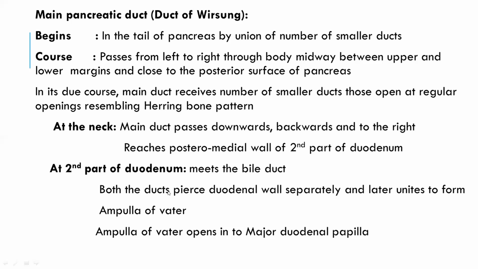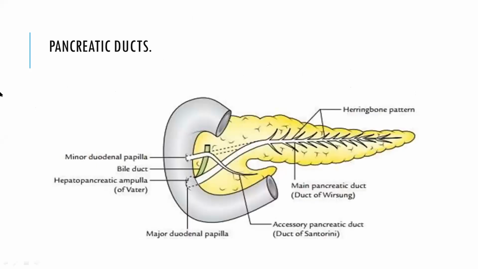This ampulla of Vater opens into the major duodenal papilla. So this is regarding the main pancreatic duct, otherwise called the duct of Wirsung. This is the duct of Wirsung beginning from the left side and reaching the major duodenal papilla. So it is seen joining with the bile duct here.